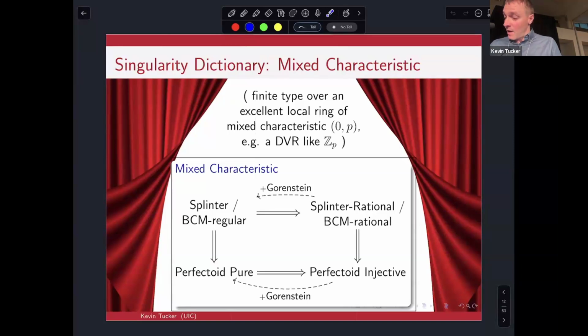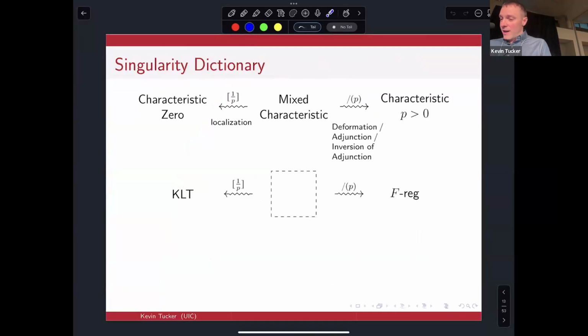Okay, I'm trying to introduce this mixed characteristic dictionary to center stage here. Without saying the names of any of the words yet, just like we did earlier with the characteristic p and characteristic 0 dictionaries, in order to make that introduction, I have to say how we're going to pair things up.